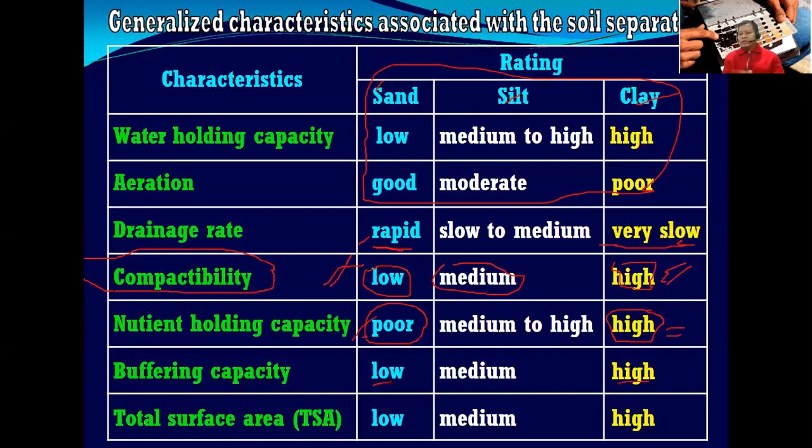Buffering capacity is also related to the applications of fertilizers, applications of lime. Now, kung mataas yung buffering capacity ng lupa, marami tayong i-add doon na fertilizer. Marami tayong i-add na mga limestone. Marami tayong i-add doon na mga pesticides. Okay? Because itong mga textural classes is related to the surface area.